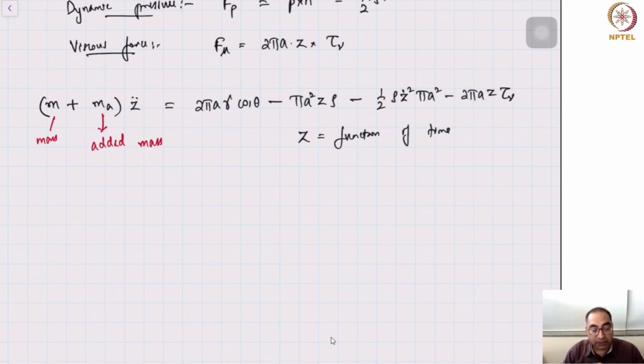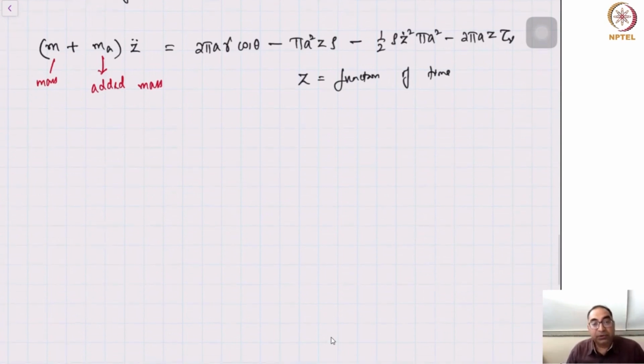Okay. Now to determine the added mass, I will basically closely follow the approach taken by Professor John Bush.